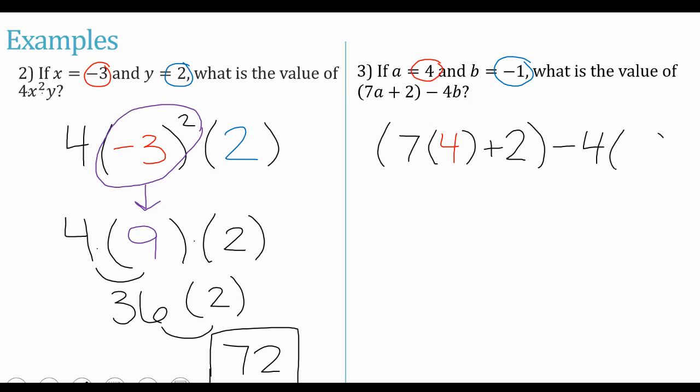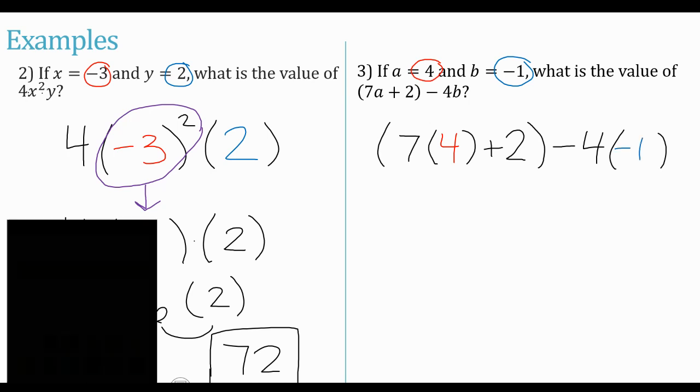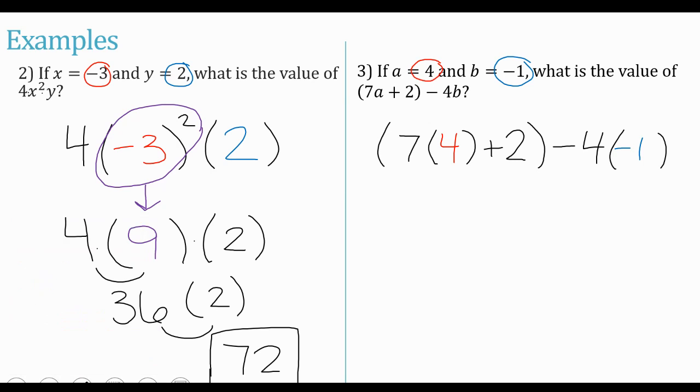And now instead of writing b, I'm going to write that negative 1 because that's what they told us it was equal to. Now let's use that order of operations. We're going to do what's inside the parentheses first. And then inside, we're also going to use the correct order of operations. So before we add this, we're going to have to multiply this because that comes first. 7 times 4 gives us 28. I'm going to bring everything else down.